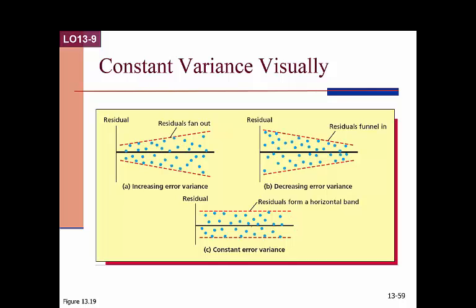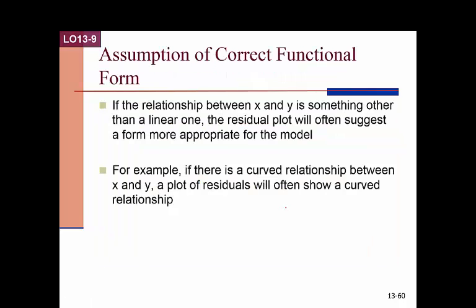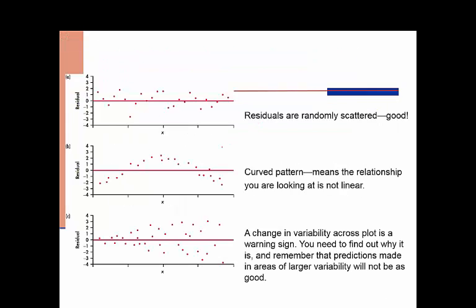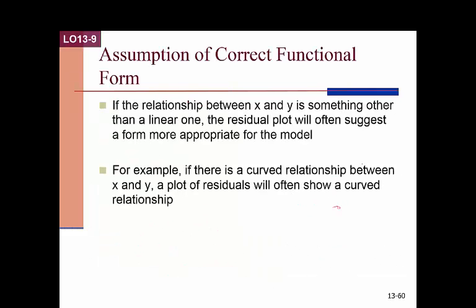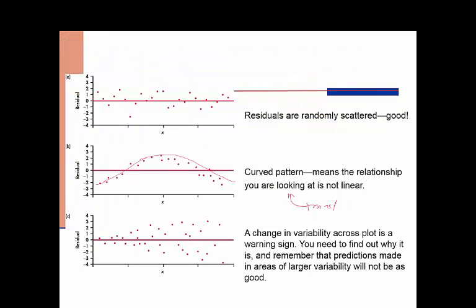Uniformly and randomly distributed around 0, right? So it's only when the relationship between x and y is not linear that you could have something like this in your constant variance plot, right? And so you might have to then transform the data.